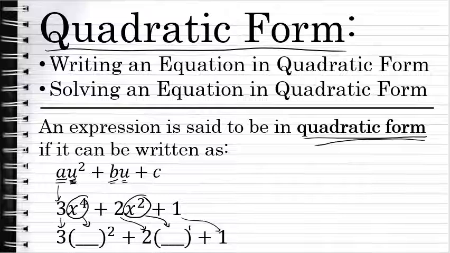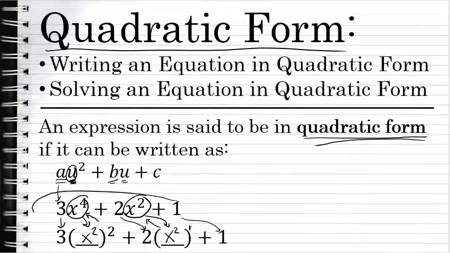Well, x to the fourth is the same thing as x squared to the second power. And so that would be what I'm calling the u. And if I put that same u in the second term, where the coefficient is 2, I have 3 times x squared squared, which is exactly the same thing as x to the fourth, and then 2 times x squared to the first, which is what the original expression was written as, 2x squared.